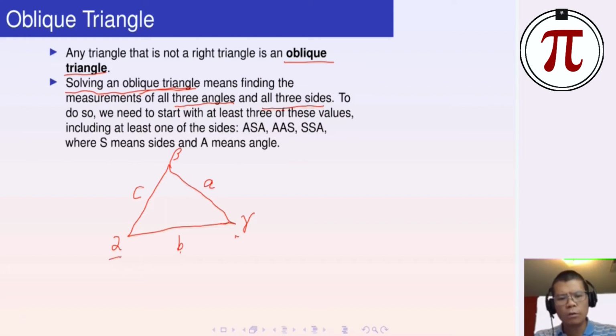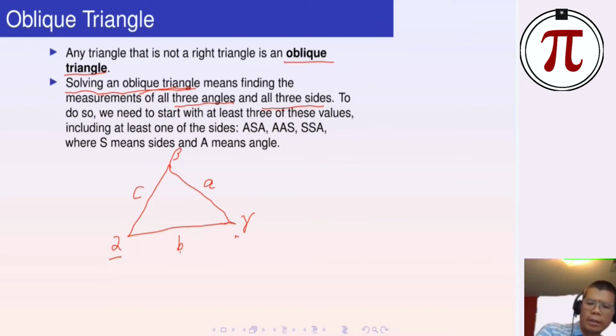Solving an oblique triangle means find all the sides and all the angles. What is alpha? What is beta? What is gamma?